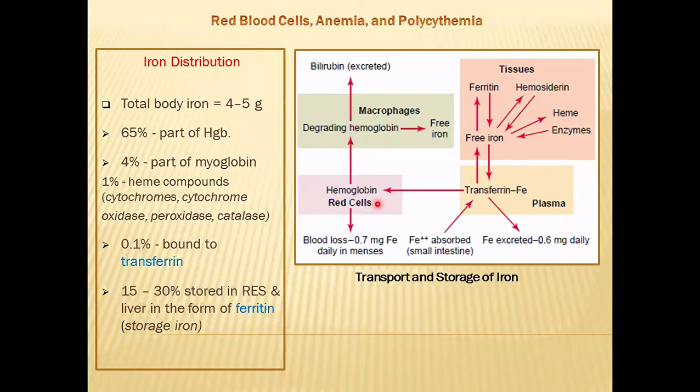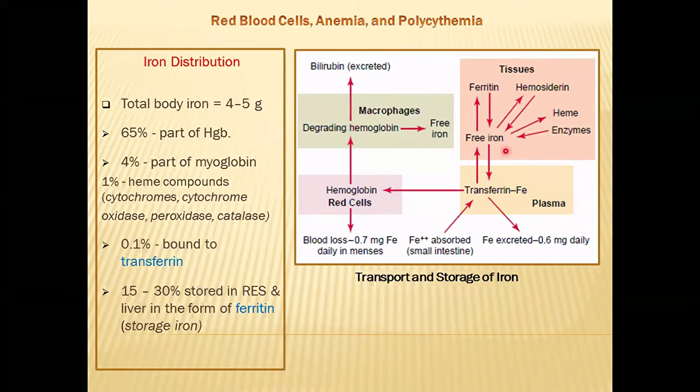Okay, so they are being phagocytosed by the macrophages in the spleen, so they are being destroyed, and then they release free iron. So what happens to the free iron? Some are stored as ferritin, so this is in the tissue, and then some become hemosiderin and heme.